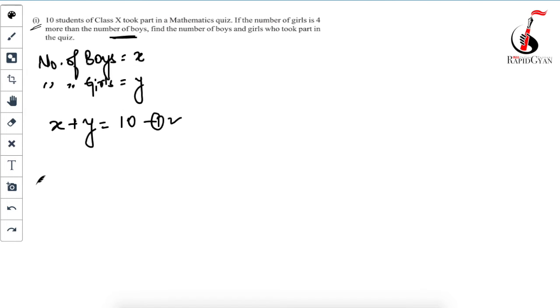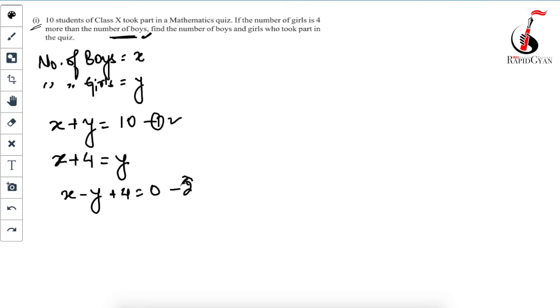What is the second equation in this case? Your second equation says that the number of girls is 4 more than the number of boys. So the number of boys is x, and if I add 4, x plus 4 should be equal to the number of girls, y, correct? So I can write it like this: x minus y plus 4 is equal to 0.